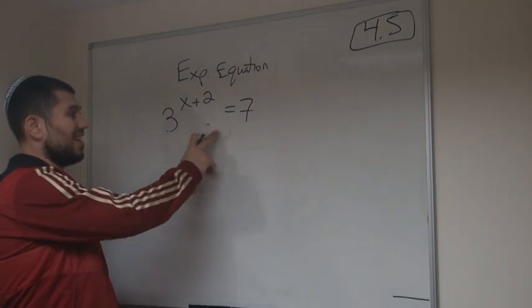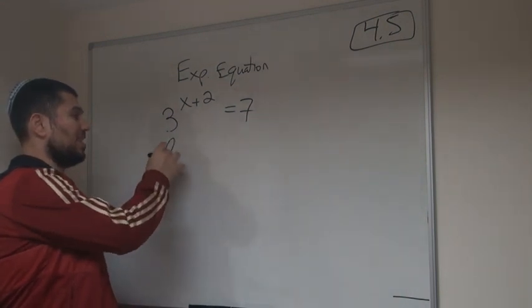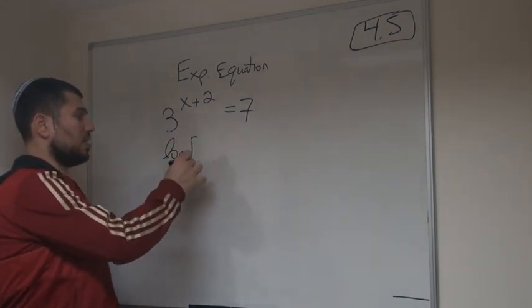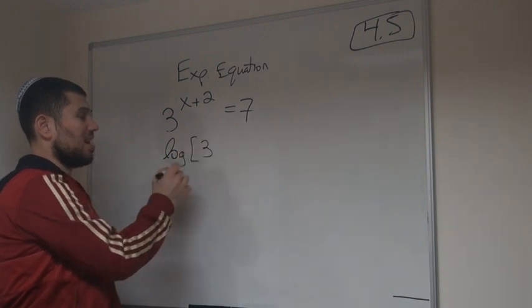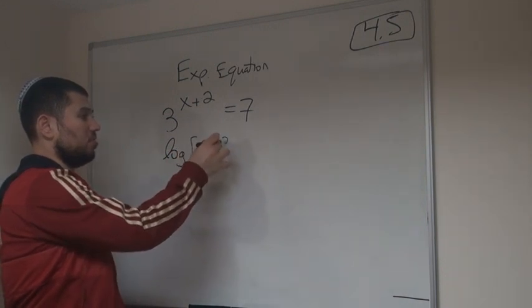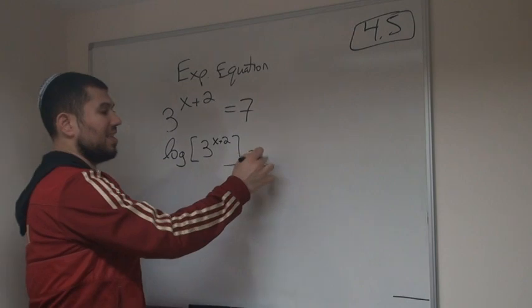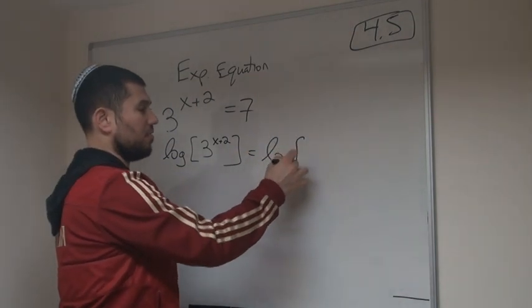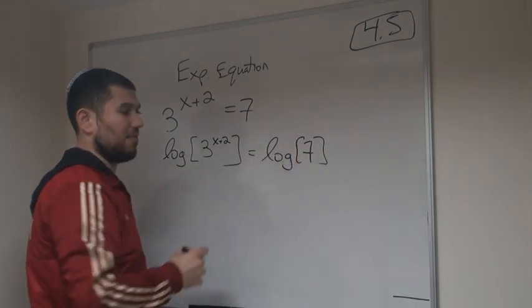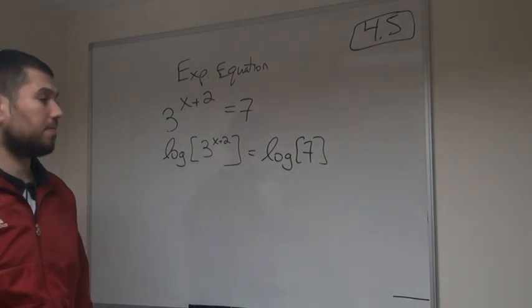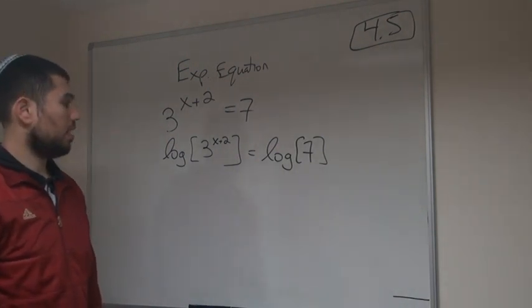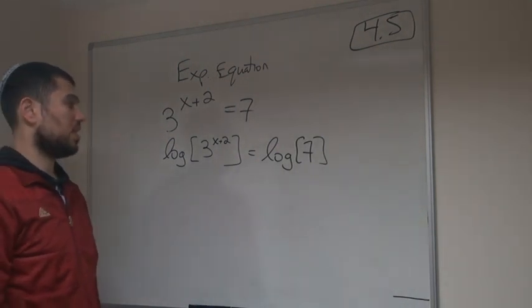So to solve an exponential equation, I'm going to want to take the log of both sides. I'm going to take the log of 3 to the x plus 2 and equate that to the log of 7. Remember, whatever I do to one side, I have to do to the other side of the equal sign. Okay? Took the log of both sides of the equation.